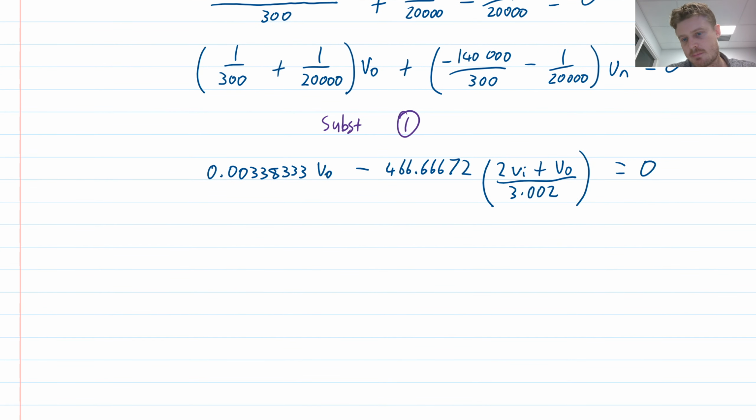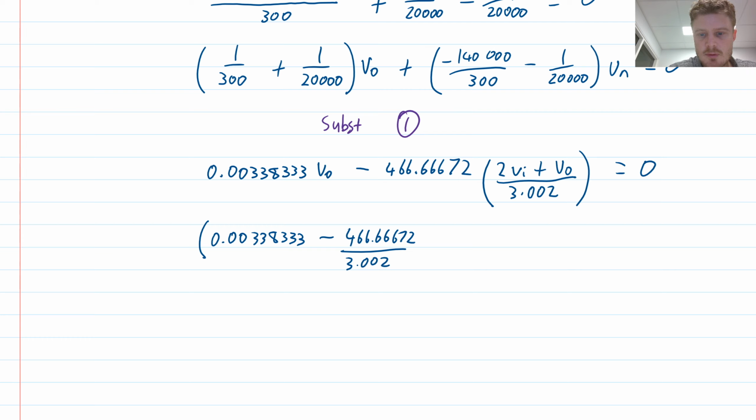All right, we're pretty close to the end here. Let's bring together all of our terms involving the output voltage. So we have this small number at the front, and then a minus 466.6667 divided by 3.002.